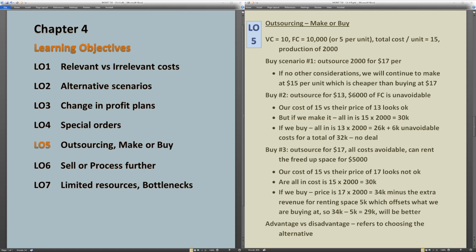Now again, there's qualitative judgment or decisions that have to be brought into it. Is the person we're outsourcing to reliable? Have they had any shortages or times when they haven't been able to meet demand? If that's the case, perhaps that $1,000 of savings isn't worth losing our supply chain because the vendor is not reliable.